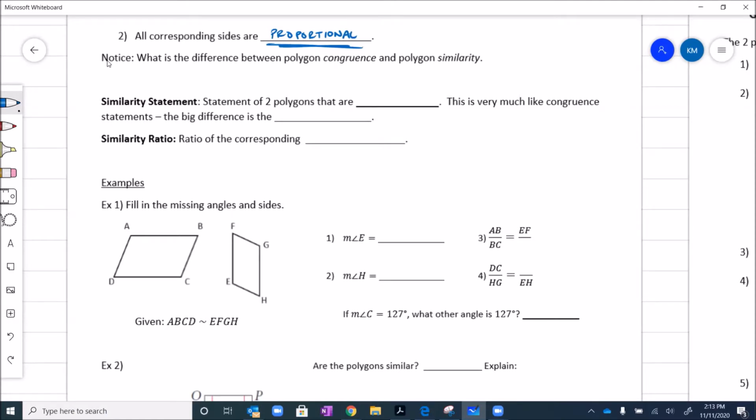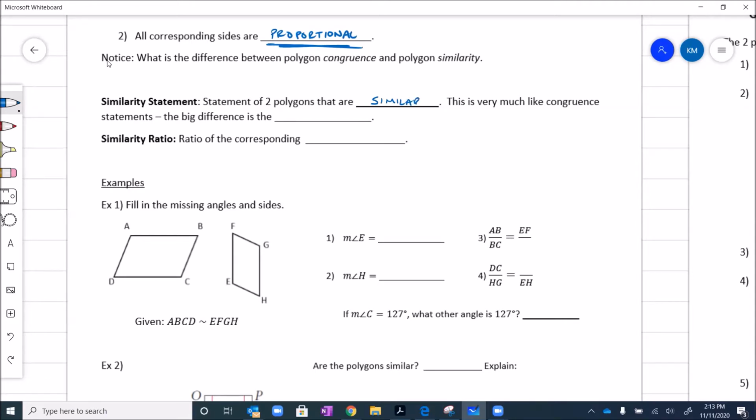So the difference between polygon congruence and polygon similarity is the proportional aspect here. They don't have to be the same, but all the sides have to be in the same proportion, the same ratio. So a similarity statement is a statement of two polygons that are similar.